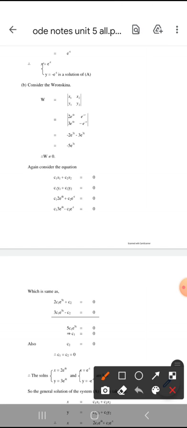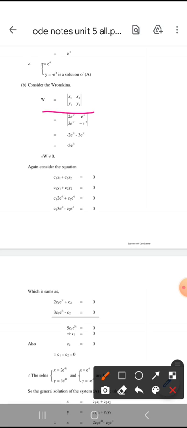Now we consider the ordinary formula, that is W equal to the determinant of x1 x2 and y1 y2. We know the values of x1, y1 and x2, y2.